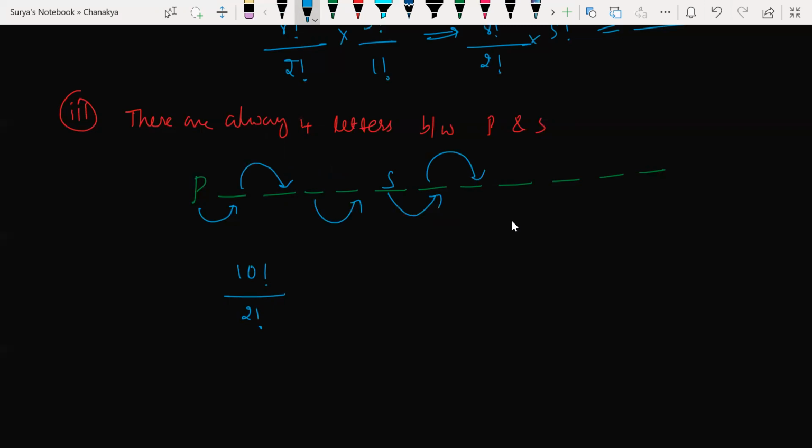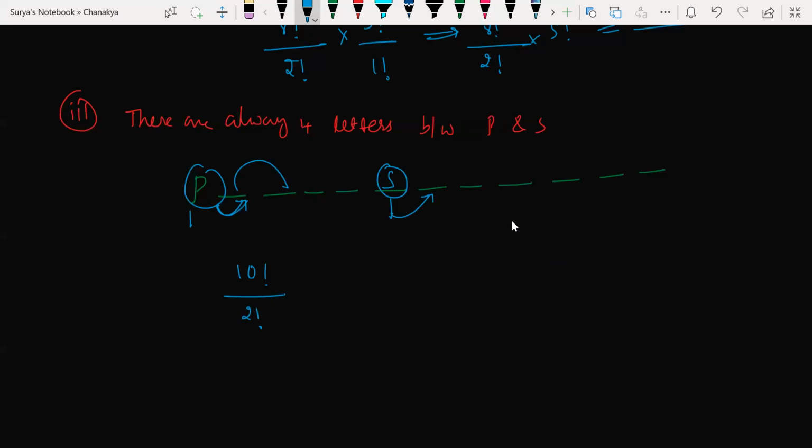Third, fourth, fifth. Total, how many possibilities are coming here? Check. P is here and S is here. If P moves here, this is one possibility. Second possibility is here.